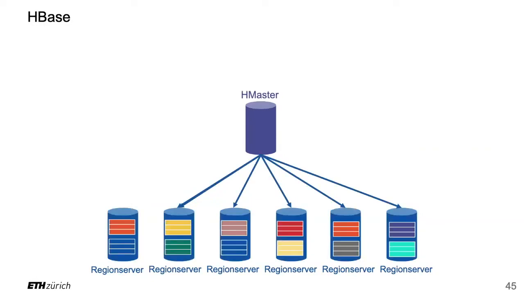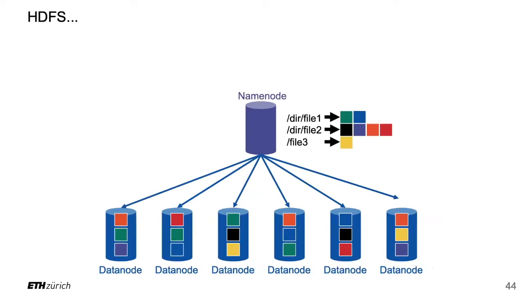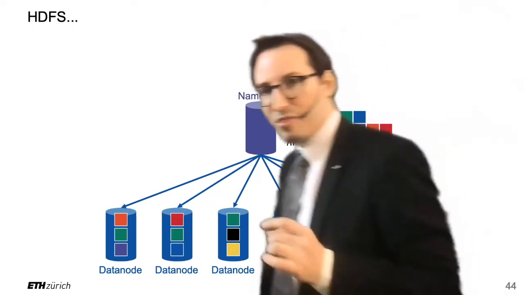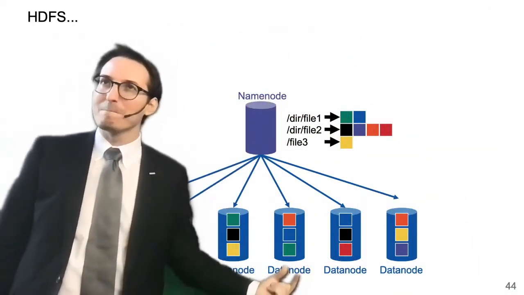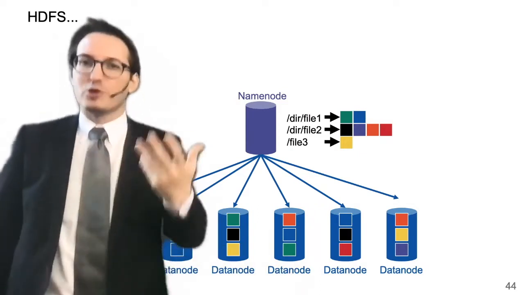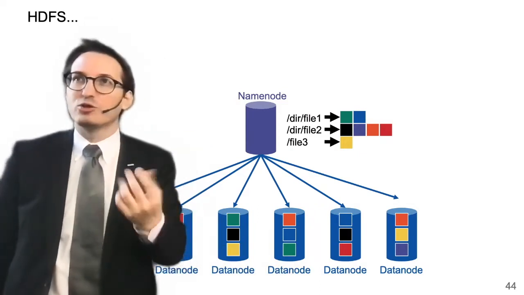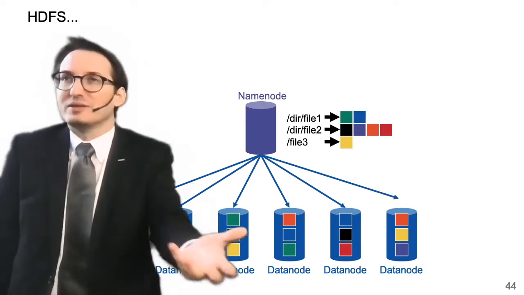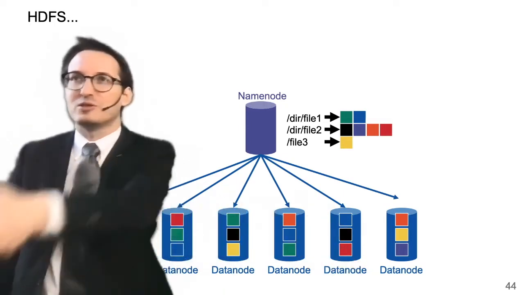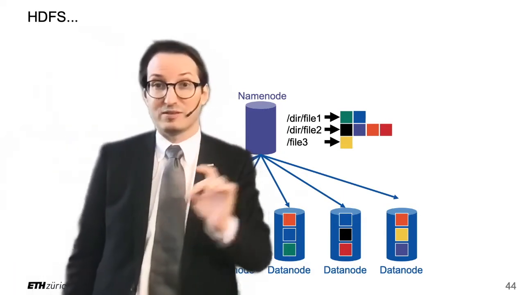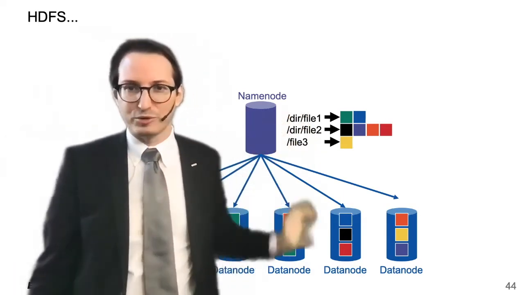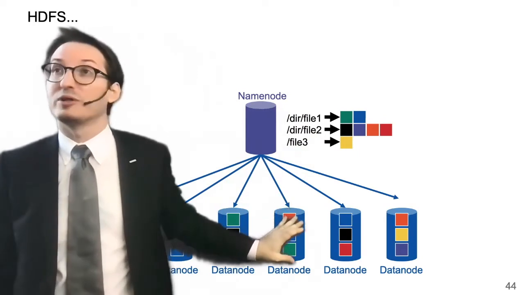Okay, something else that I should say here. I mentioned, even though I didn't insist back then, that when we say name node and when we say data node, we kind of abuse the language by calling the nodes that way. Like, this is the machine that is the name node, this is the machine that is the data node. But if you want to be precise, these are processes. The name node is a process running on that machine. The data node is a process running on that machine.